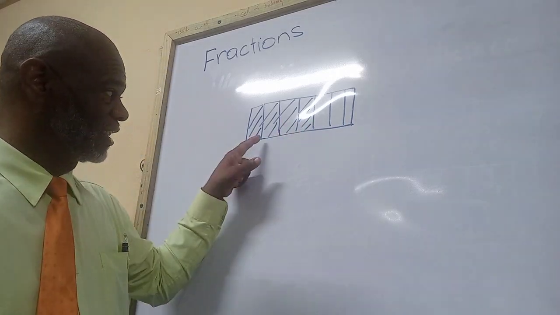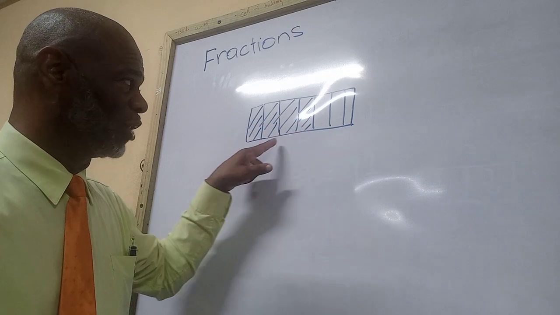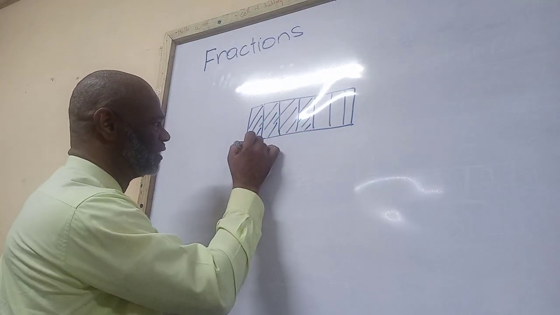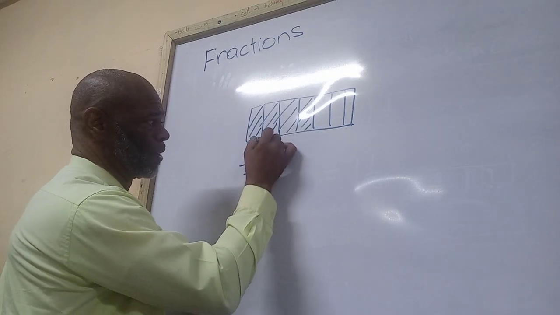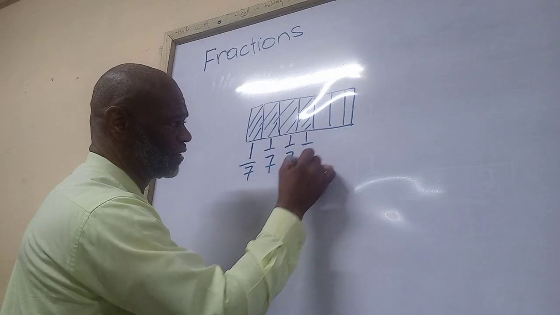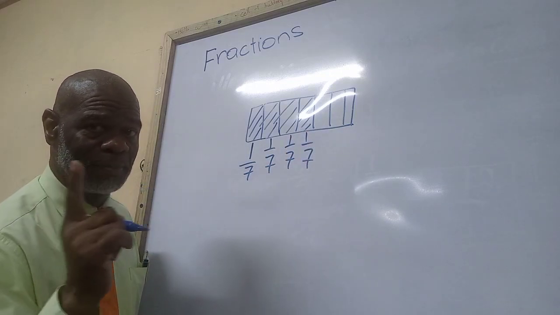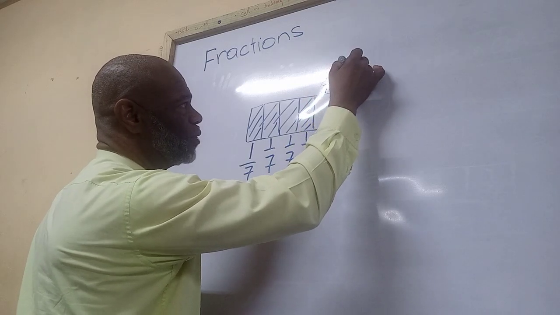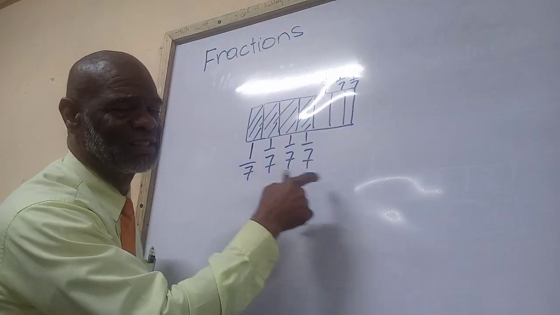Now the parts that are shaded, how many parts are shaded? Let's count them. One unit part will be 1/7, 1/7, 1/7, 1/7. And the unshaded part would be 1/7, 1/7, 1/7. So how many parts are shaded?